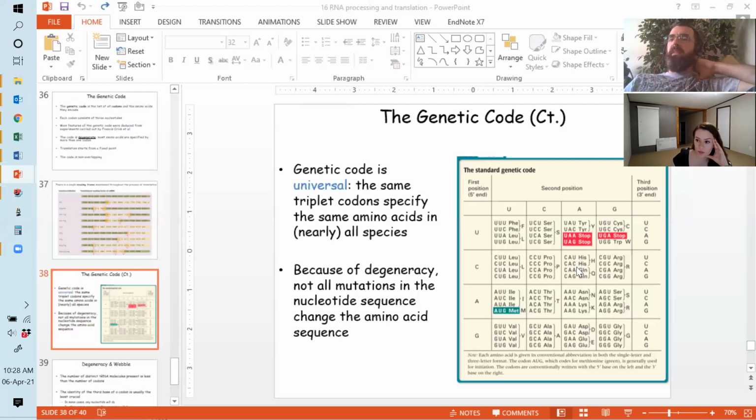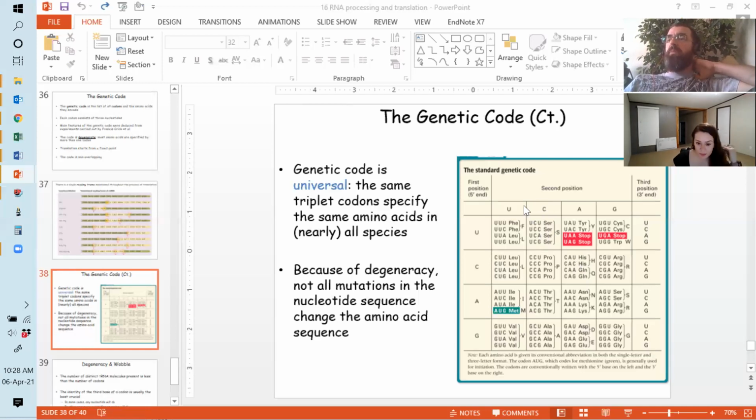Say for serine, if there is a randomly occurring mutation in the third base of that codon, so let's say in our mRNA we have UCU, and in our DNA that T gets changed to a C, it doesn't make any difference.